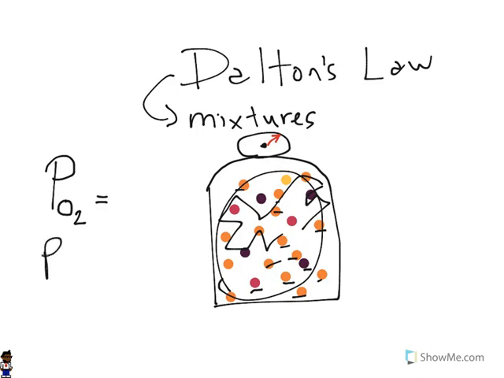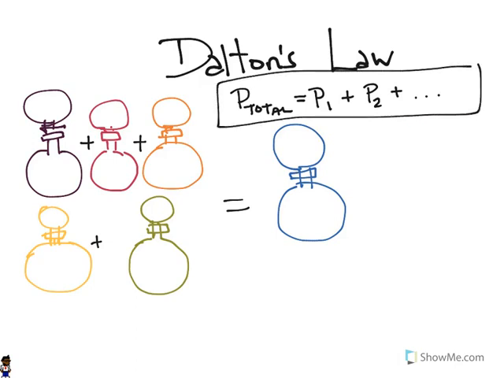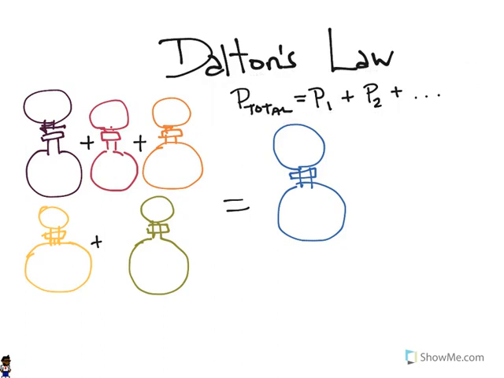If it had argon in it, you would put pressure, subscript argon. That tells you partial pressure. So this equation right here is the equation for Dalton's law of partial pressure. So the idea is that the total pressure of a mixture is equal to the partial pressure of your first gas plus the partial pressure of your second plus however many gases there are in that mixture.